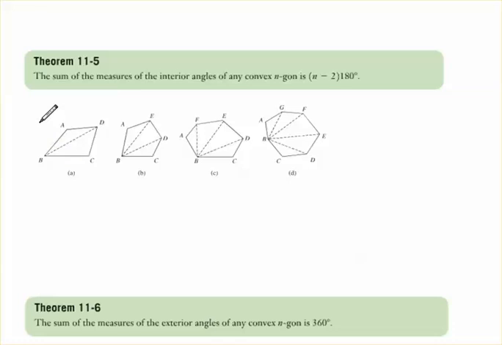So in order for it to be convex. Okay, well, there are some rules for figuring out the interior angles of a however many sided figure that you have. So let's look at this first one here. We have a four-sided figure, and look what happens when we draw in the diagonal.